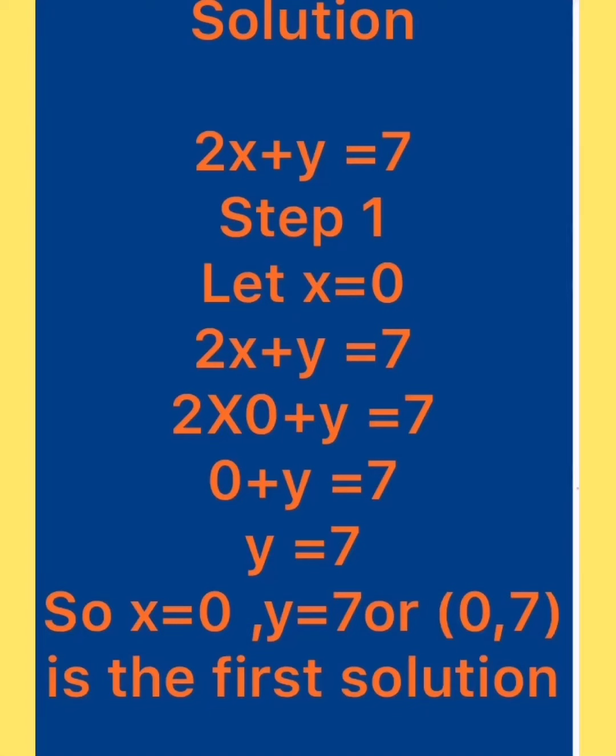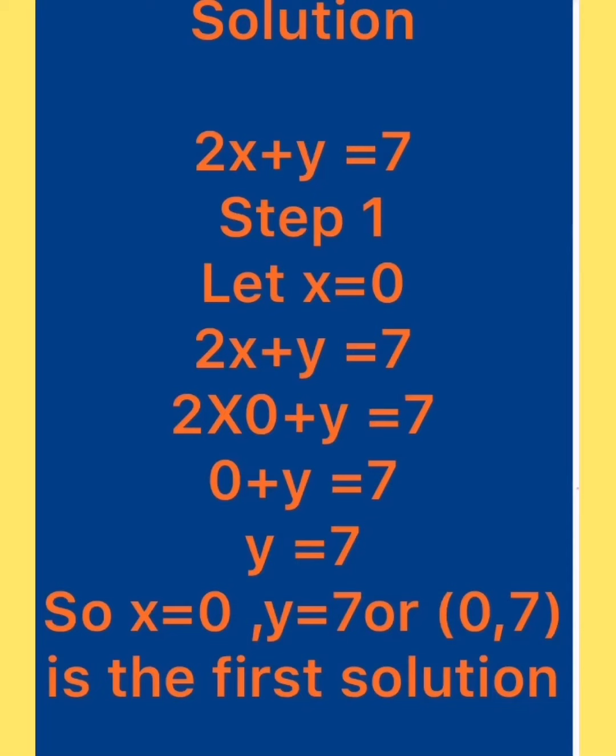So the value of y is equal to 7. So I will write x equal to 0 and y is equal to 7, or I can write it in the form of coordinates, x coordinate and y coordinate. x is 0 comma y is 7. So (0, 7) is the first solution of the given equation.